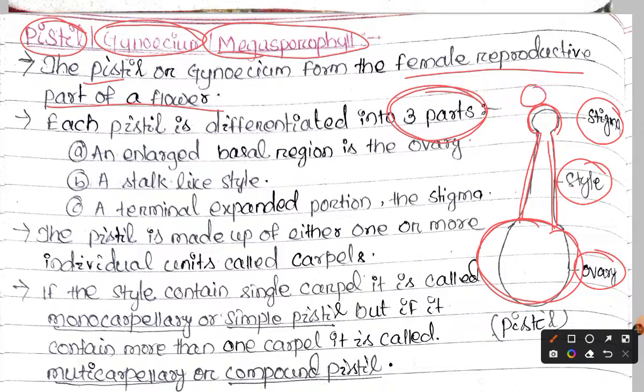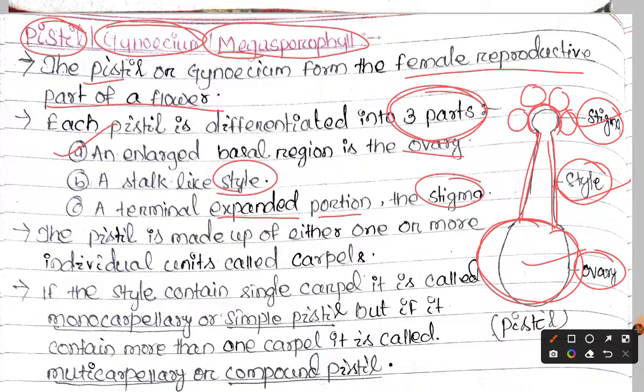The stigma is the pollen receiving organ; it receives pollen grain. So an enlarged basal region is the ovary, a stalk region is the style, and a terminal expanded portion is the stigma.